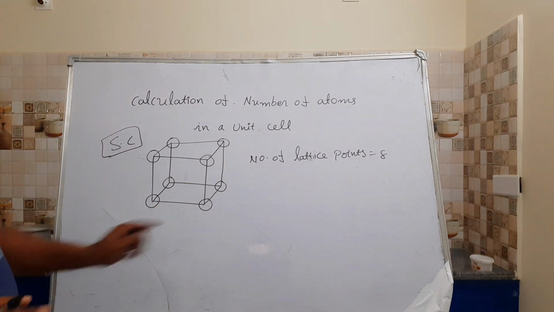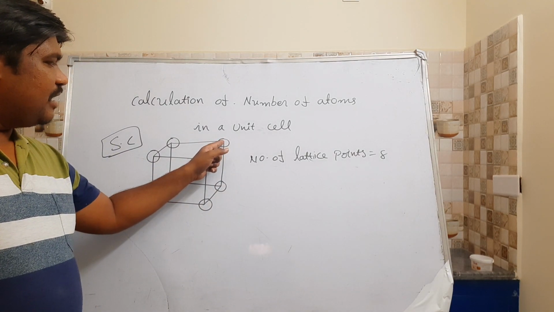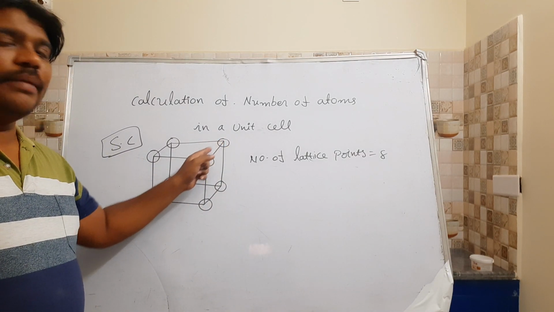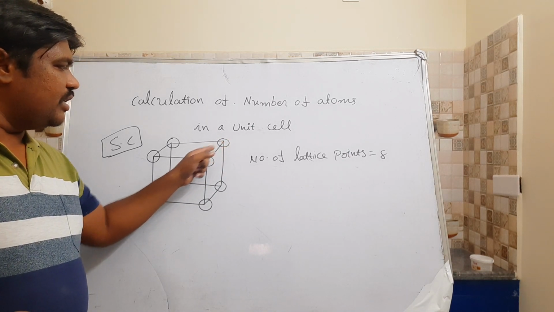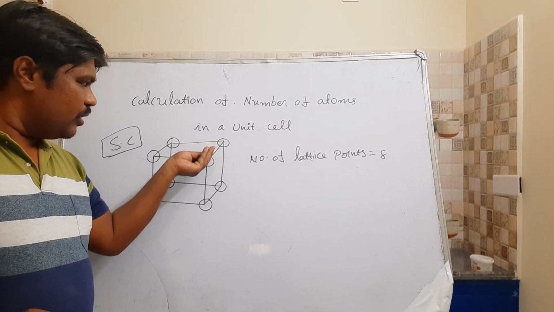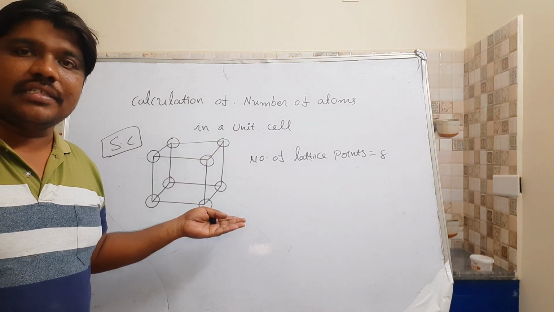But the number of lattice points is not equal to the number of atoms. This atom does not completely belong to this unit cell. Keep that in your mind. Only some part belongs to this unit cell, and the rest of the part is shared with other unit cells in the lattice.